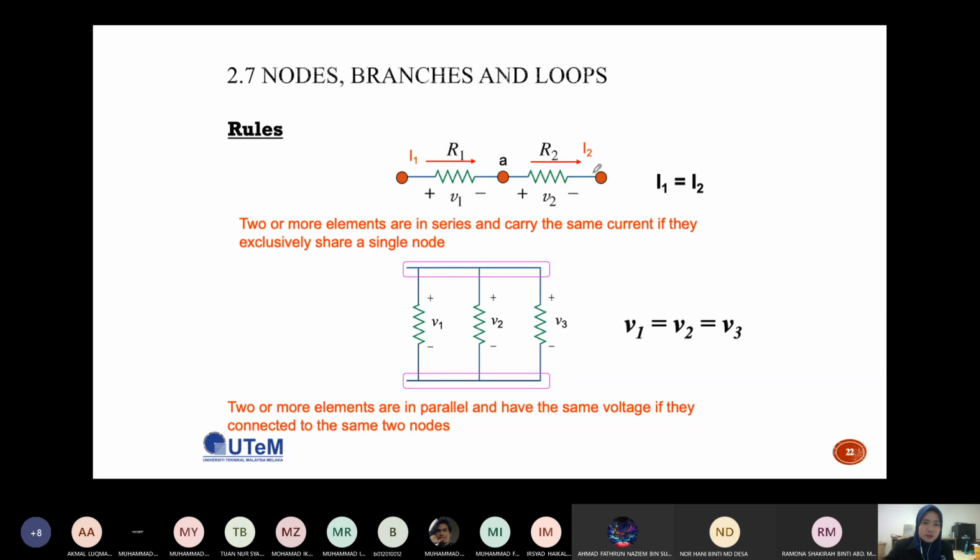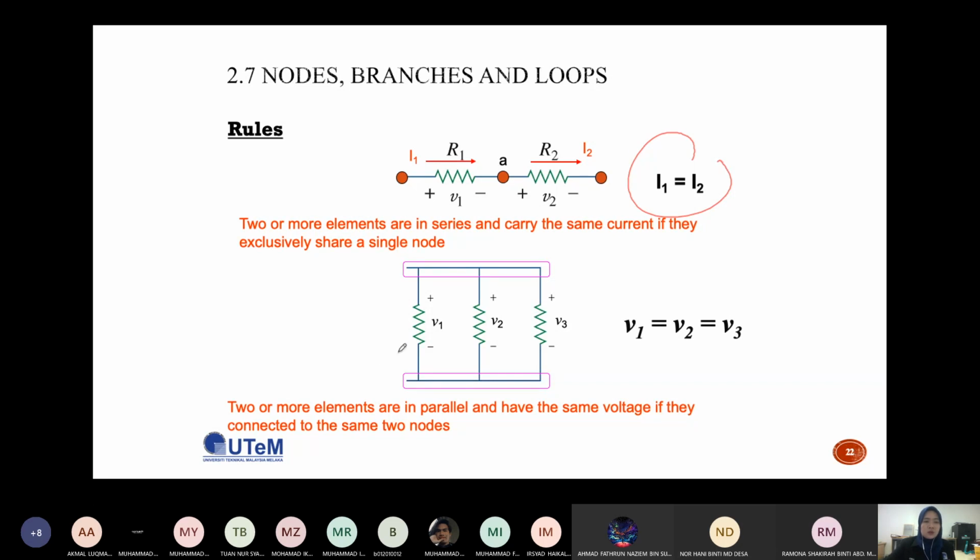Over here you have two resistors connected in series and they carry the same current. Basically I1 that flows through R1 is the same as I2, the current through R2. So I1 is equal to I2.